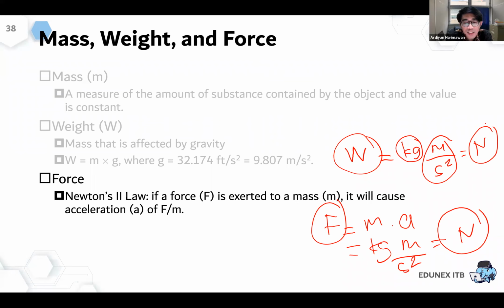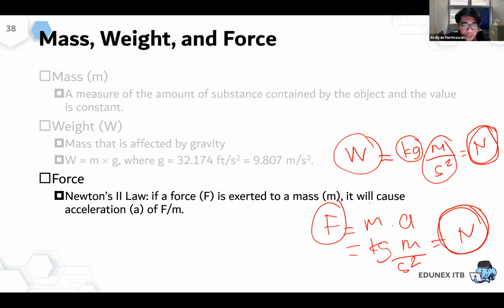Actually, because you have the same units, you can say that weight and force are the same. However, there's a slight difference in terms of what kind of acceleration affects the mass movement.